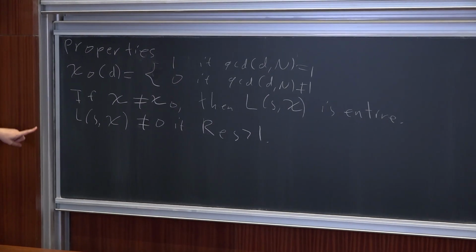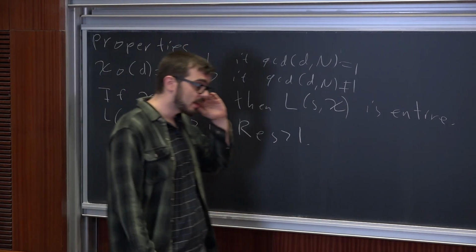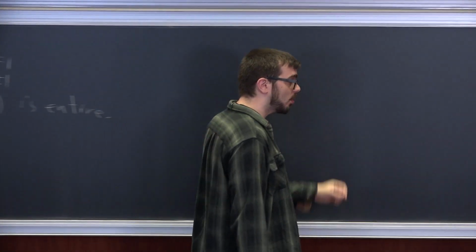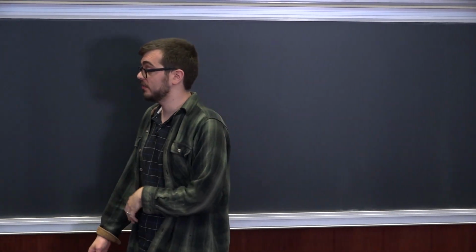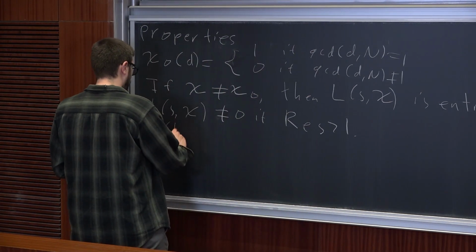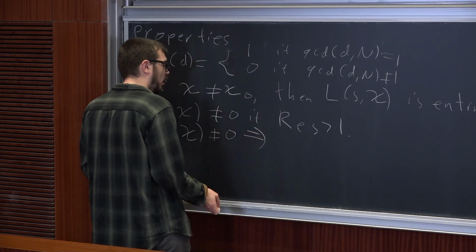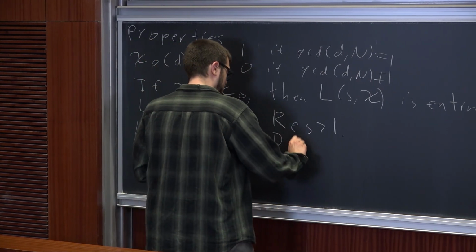And the way we obtain results on primes in arithmetic progressions, the primary thing we need to do is to improve this non-vanishing. So Dirichlet, for his theorem, essentially only needed to show that L of 1, chi is not equal to 0, and that implies Dirichlet's theorem.